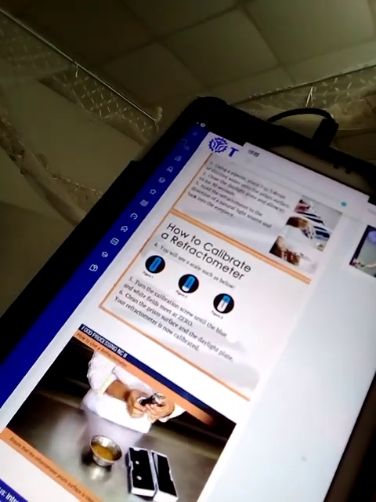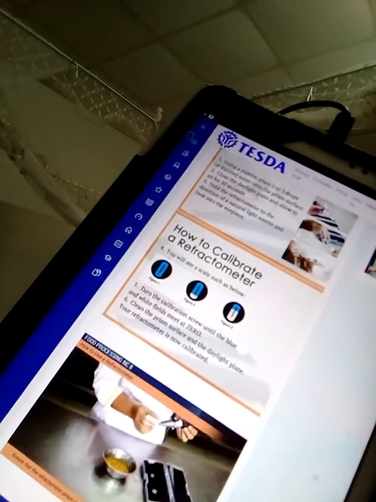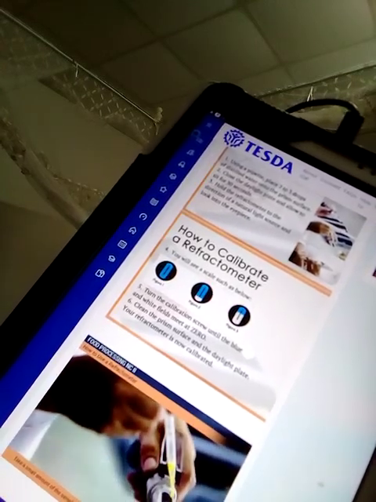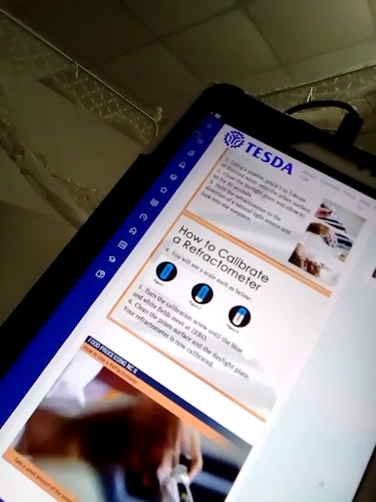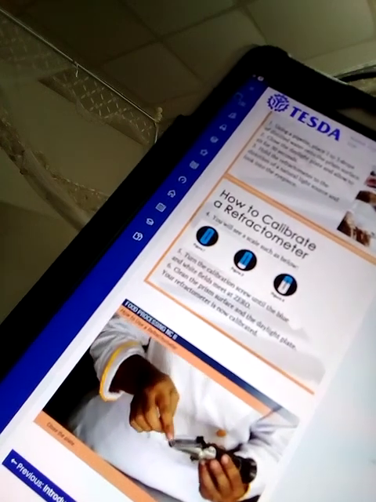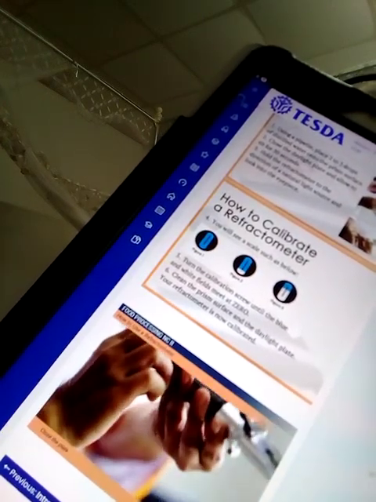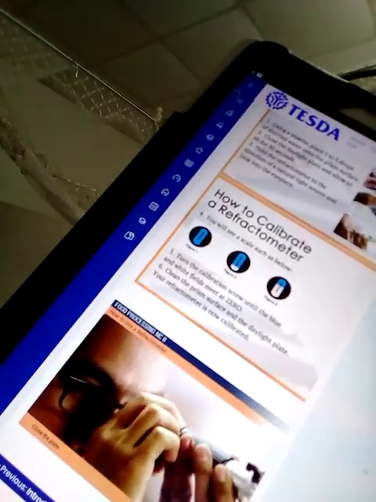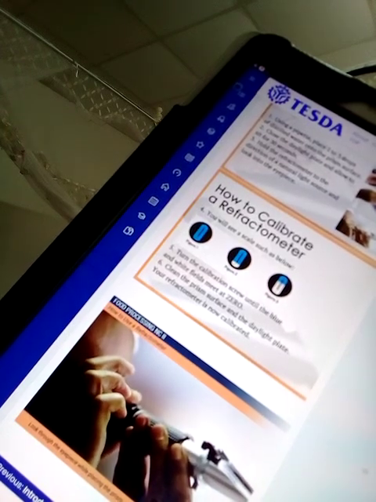Ensure that the refractometer prism surface is clean and dry. Take a small amount of the sample and drop it onto the prism of the refractometer. Close the plate. Look through the eyepiece while placing the prism under natural light.